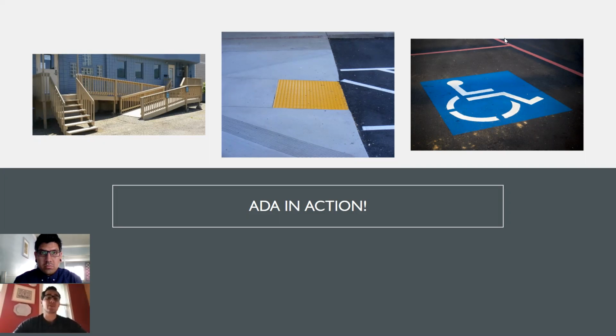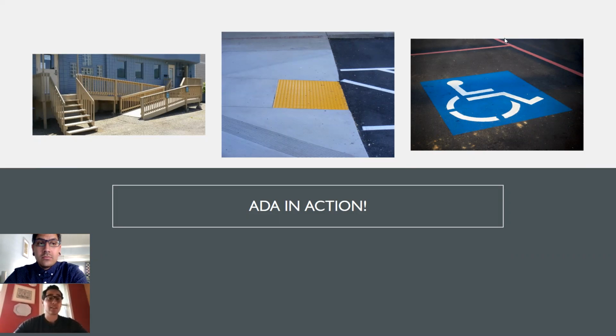Also, we have what are called tactile crosswalks. This is for visually impaired people who may not see where the street or the sidewalk ends or starts. You have these so people can feel where the road ends and where it begins, and that's obviously to keep them safe from getting hit by a car.